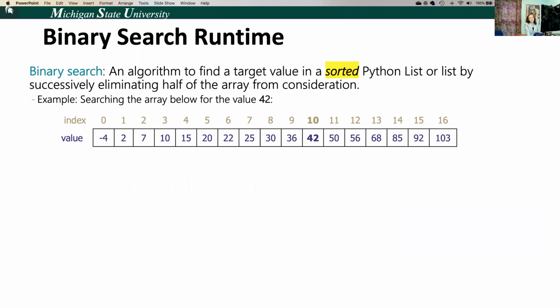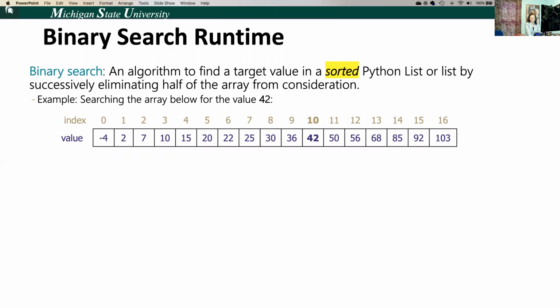In visualization, what I just showed you on the debug window is what I'm showing you on the slide here. Imagine that I have this list. It's already sorted. Binary search will work accurately only and only if the list is sorted. So I'm trying to find the value 42.